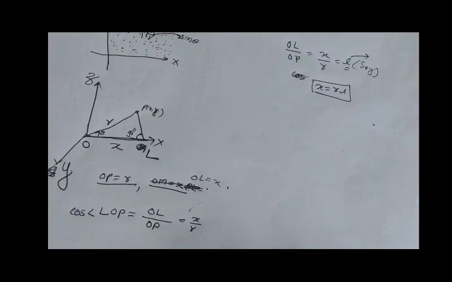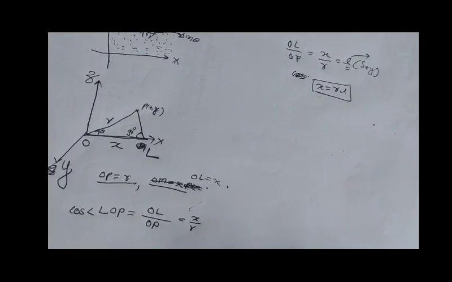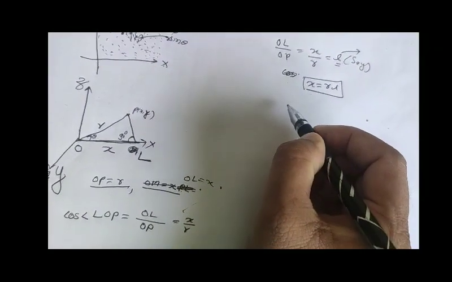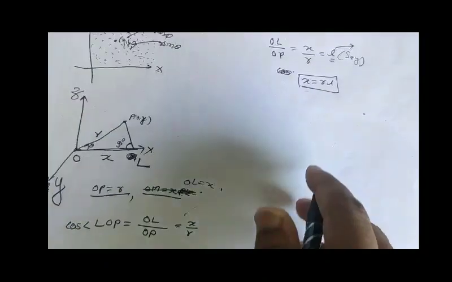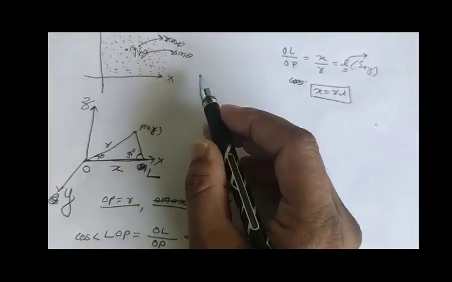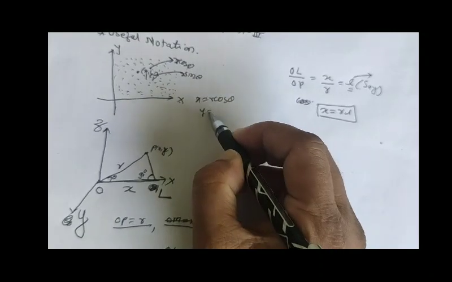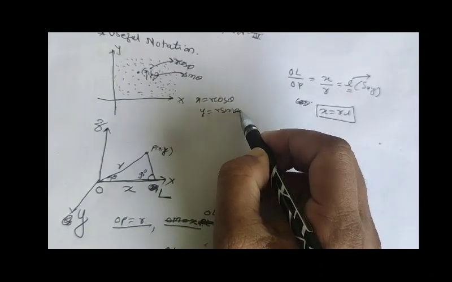This is the analogous concept like the two-dimensional geometry. In two dimension, every coordinate can be expressed as x is equal to r cos theta and y is equal to r sin theta.